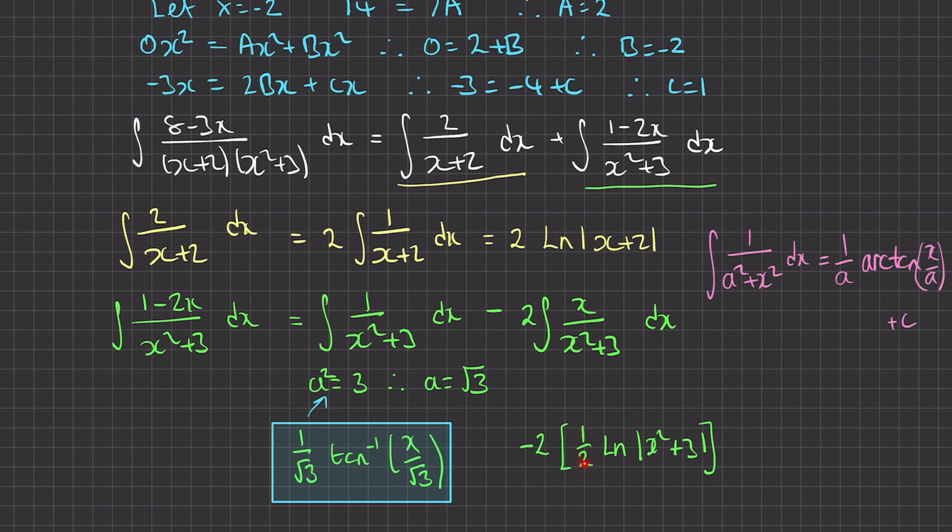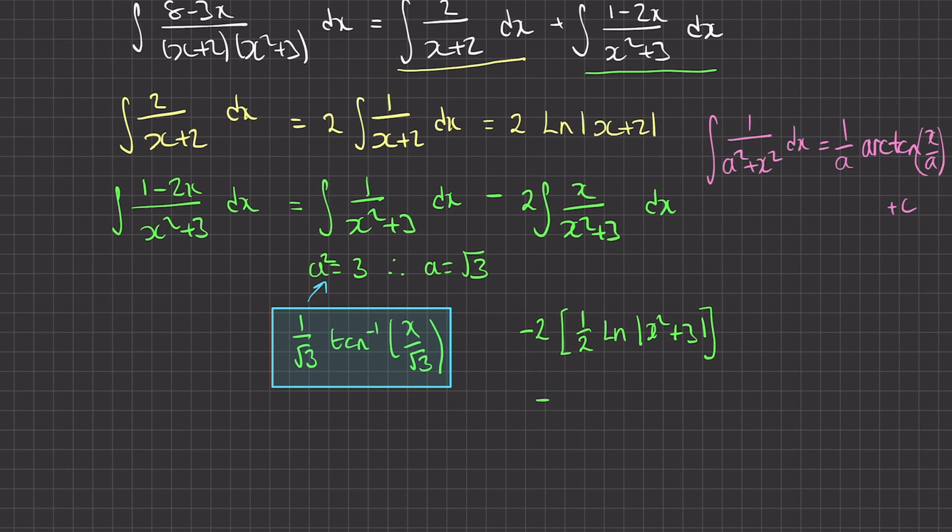So this 1/2 comes from, when you differentiate this, you get 2x, but you need to cancel out that 2, so you multiply it by 1/2. And then when you multiply this half by the negative 2, you get negative ln of (x squared plus 3).